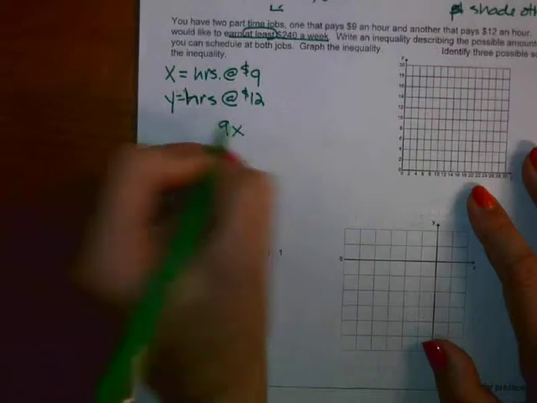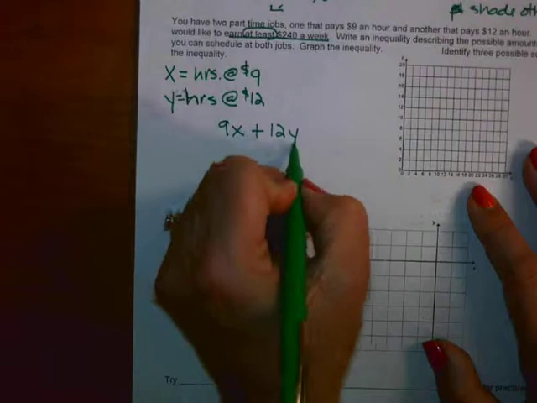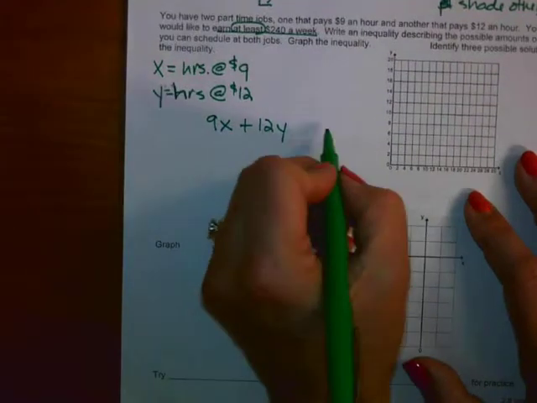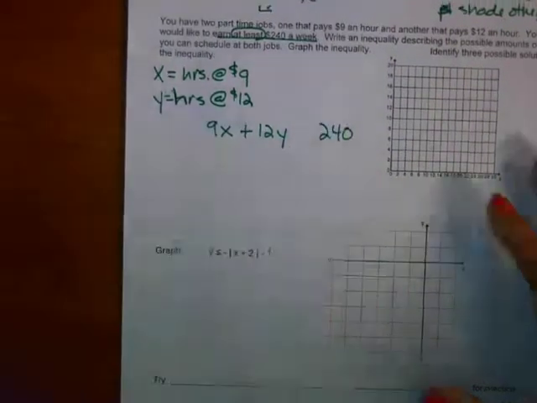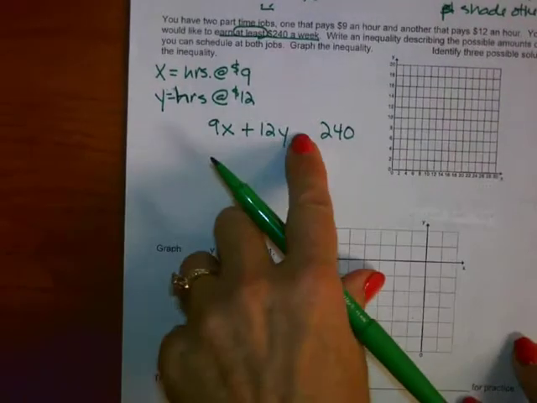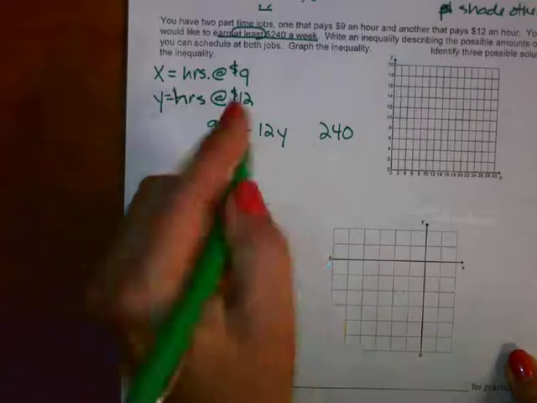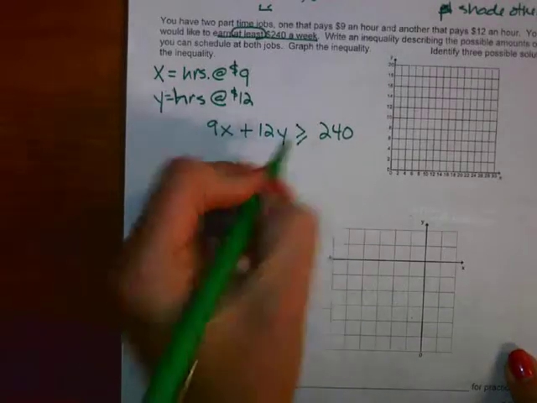So $9 for however many hours plus $12 for however many hours, and I want $240. If you write both parts of the inequality first and then decide what goes here, it's easier. Do I want this to be more than or less than 240? So I want this to be greater than or equal.